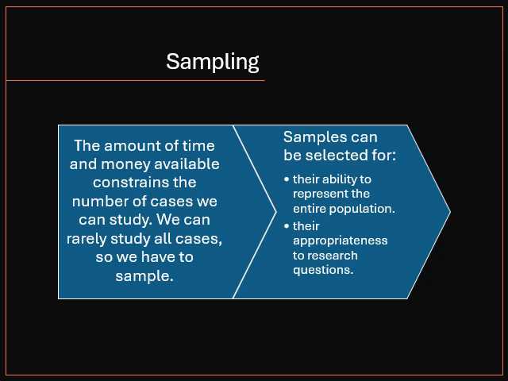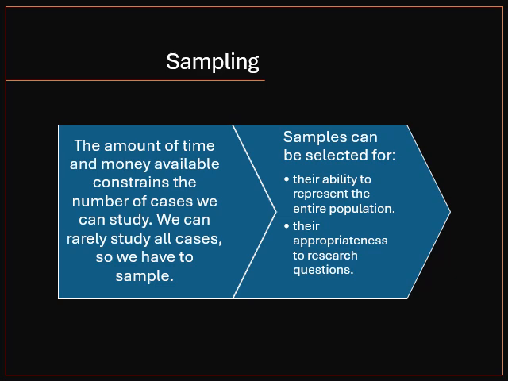Introduction to sampling, practical constraints. In research, time and budget are significant constraints. These limitations make it impractical, if not impossible, to study every case or individual in a population. As a result, researchers rely on sampling to make their studies feasible. Why we need to sample: time and money. Studying an entire population would require extensive time and financial resources, which are often not available.